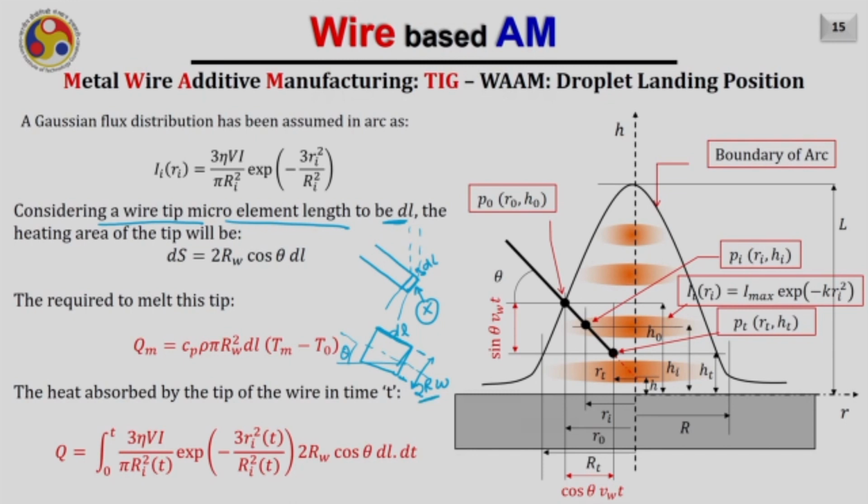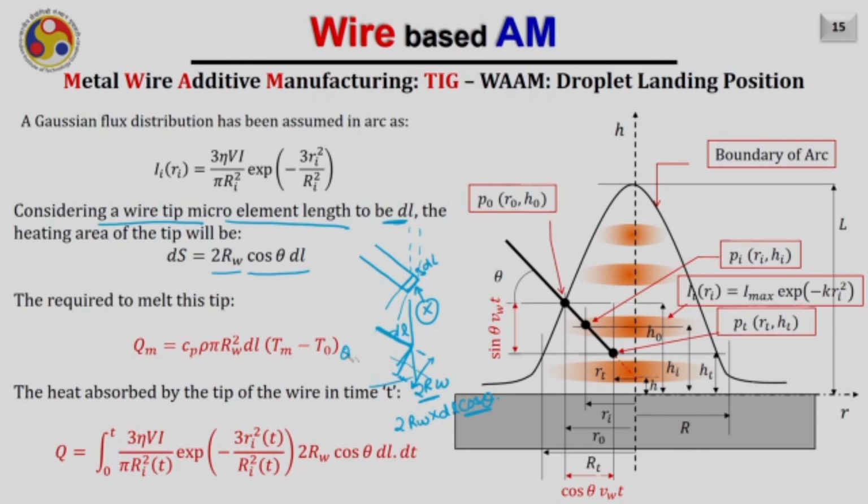So the projected area will be 2 Rw into dl, that is the area of this rectangle what you are seeing here, into cos theta. If I multiply it by cos theta, I will get the projected area, right. And only that much area is going to receive the energy from the arc, and it will be given by 2 Rw cos theta dl.